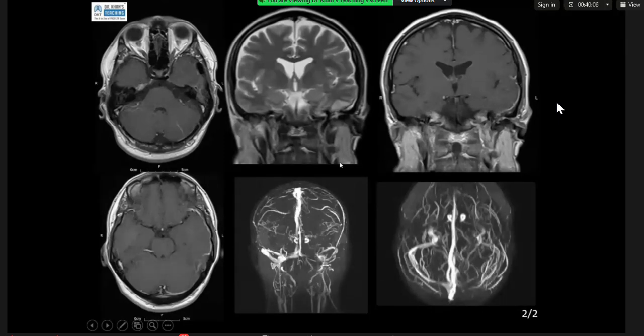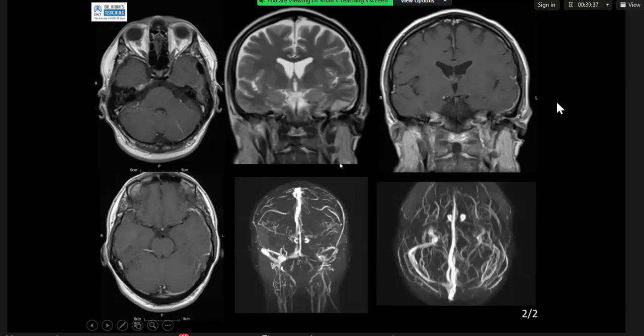Looking at the MR images, especially the T1 post-contrast image, there is enhancement of, I believe, the meninges around the left temporal lobe, and there appears to be a filling defect on the MRA images, filling defects of the transverse sinus.